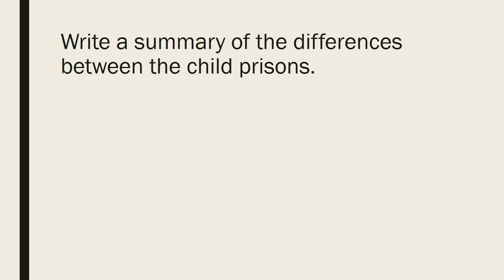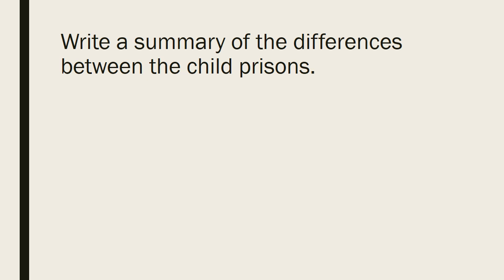You can see in the question, it's very clear it's not the differences between the writer's view of children going to prisons, nothing to do with that at all. It is the child prisons themselves. The child prison as you read it in Source A, the child prison as you read it in Source B. That is all you're being asked to look for.